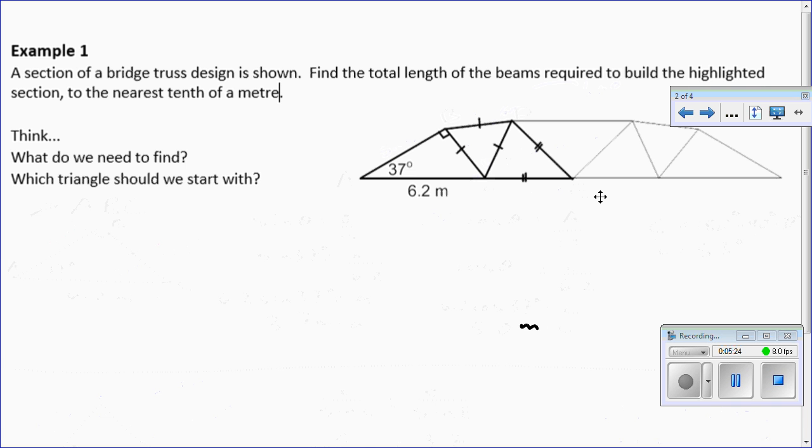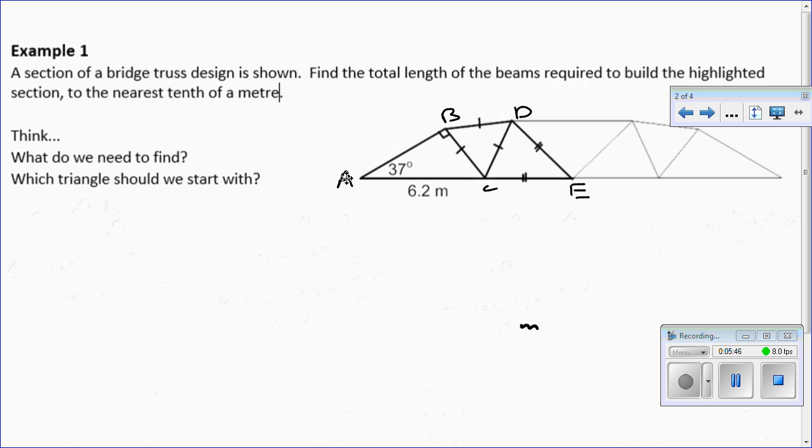The first thing we have to do for a problem like this is take the time and label all of the corners of your important triangles. You'll notice that we have 3 different triangles.